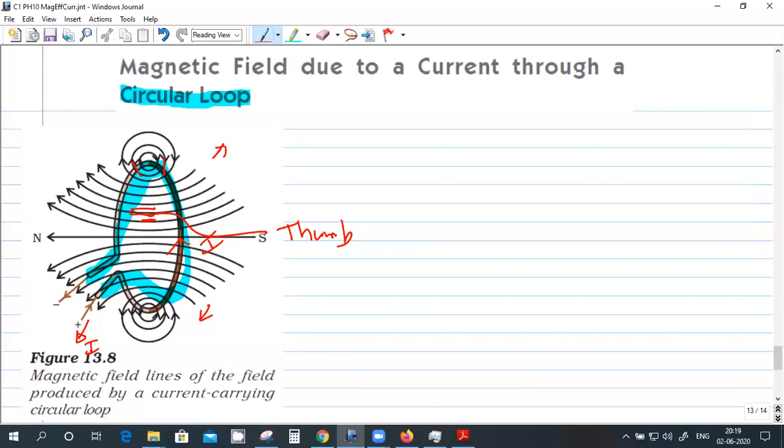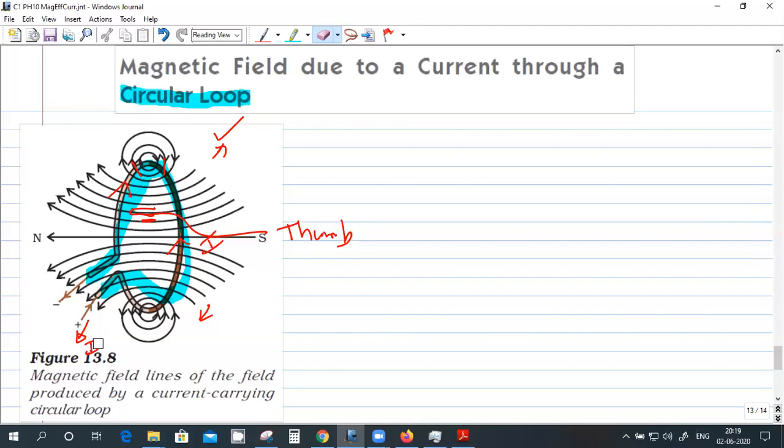So in the top one, the current is clockwise, right? If it is clockwise, then the current is entering the plane of paper. Yeah, I think I made some mistake. See, the current is clockwise. Everything is correct.